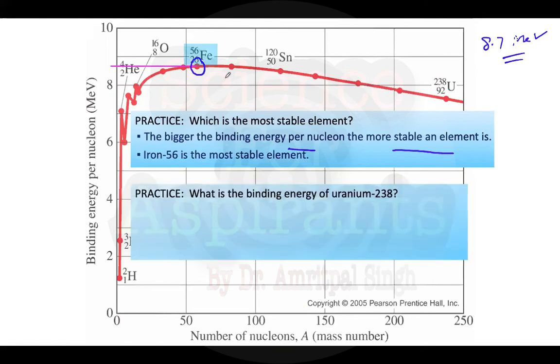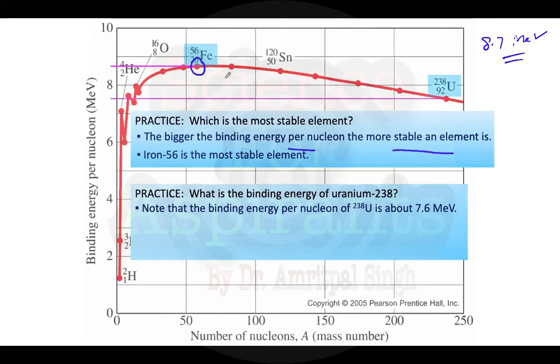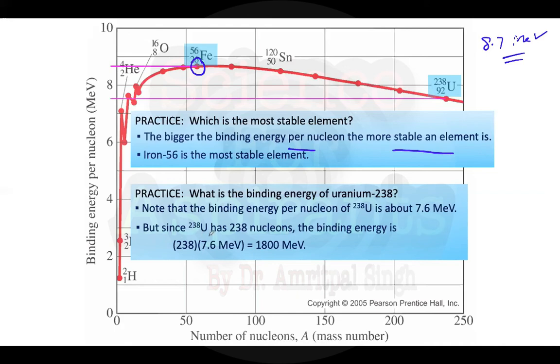And what is the binding energy of uranium 238? How can you calculate it? You can calculate the binding energy per nucleon of uranium 238, that is of the order of 7.6 mega electron volt. Or you can calculate it the other way around: what is the total binding energy of uranium 238?